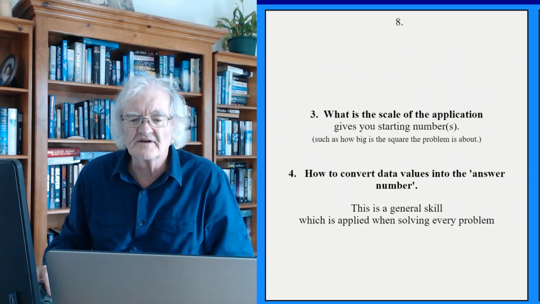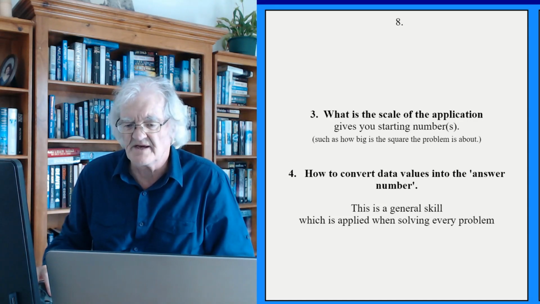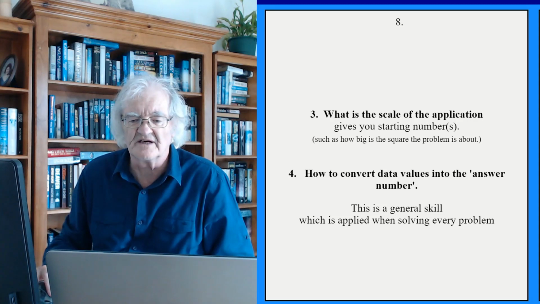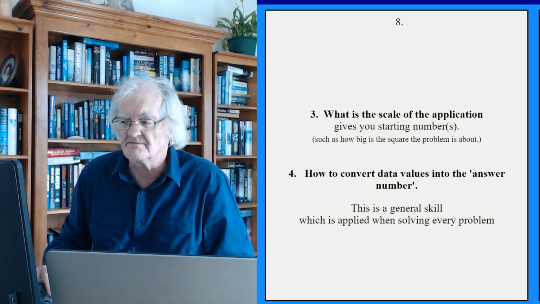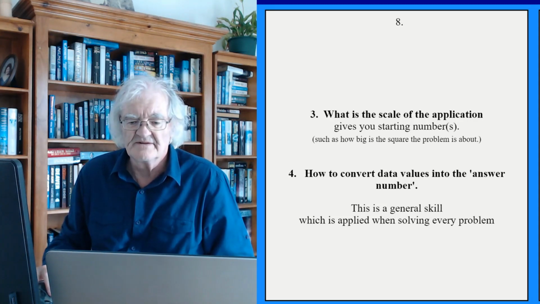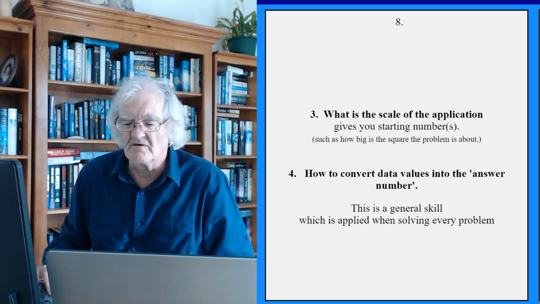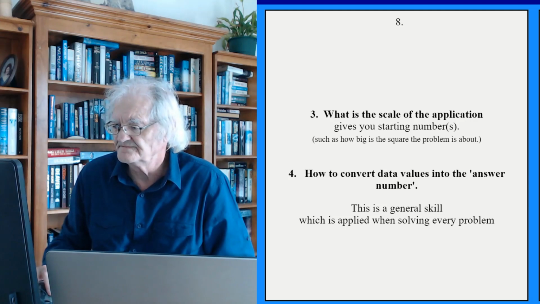You also have to know what the scale of the application is. In other words, the problem gives you starting numbers, such as how big is the square the problem is about. The fourth thing you need to know is how to convert data values into answer numbers. This is a general skill which you apply when solving every problem.